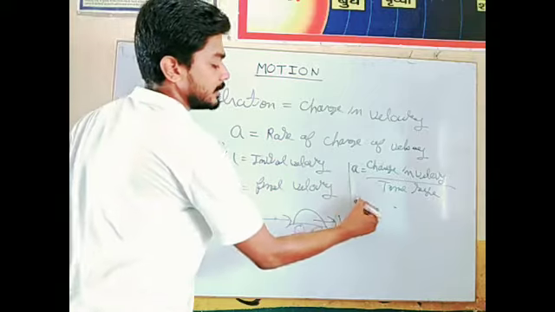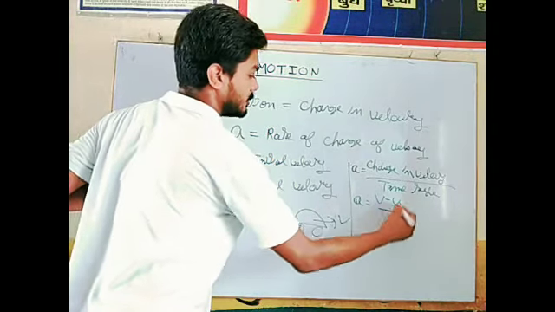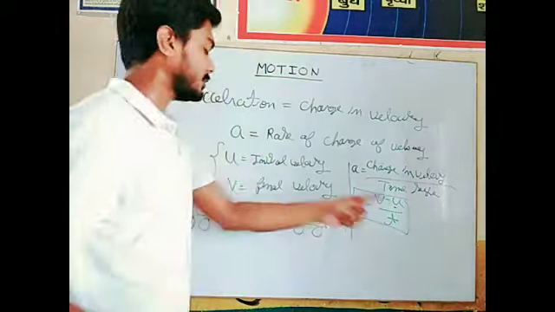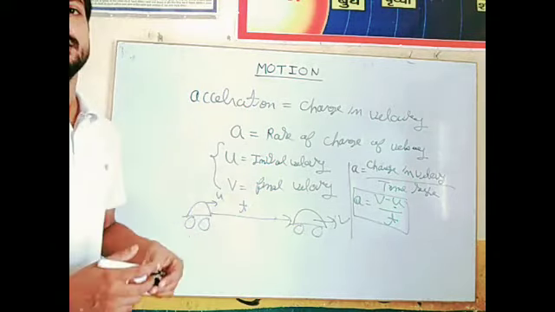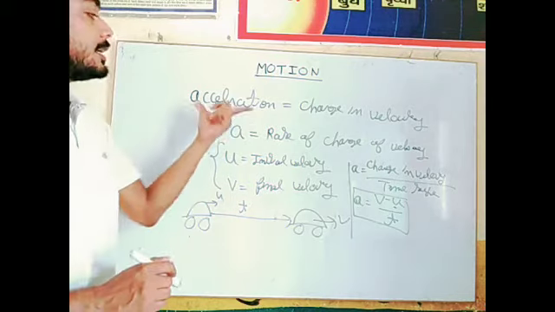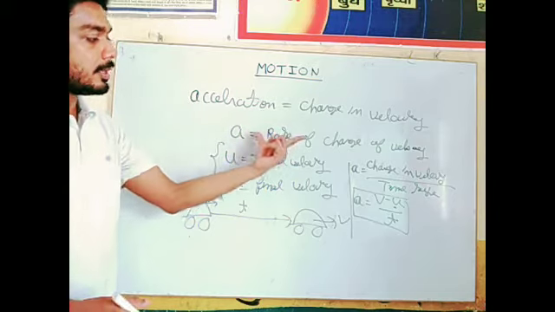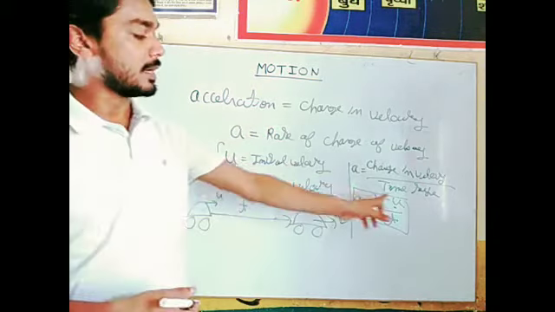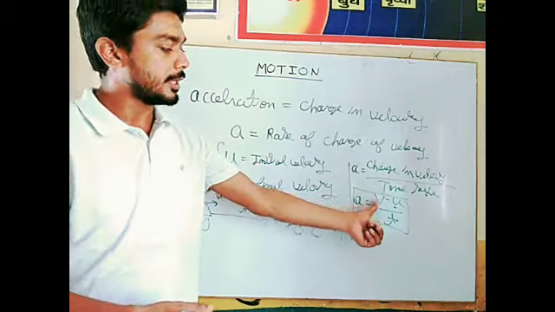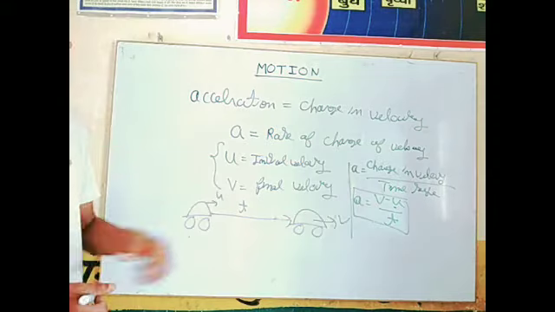And you will write acceleration is equal to v minus u by t, where v minus u is the change in velocity and t is the time taken. This explains that acceleration means rate of change of velocity, and the formula is v minus u by t, where v is the final velocity, u is the initial velocity, and t is the time taken.